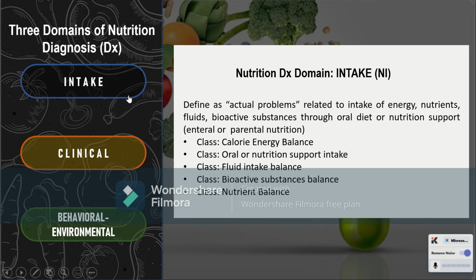Usually, ang bioactive substances ay nakukuha natin sa gulay or prutas na kinakain natin. And yung excessive alcohol intake. So, according nga sa sinabi ni ma'am, dapat 10% lang yung alcohol intake sa isang araw. So, yung excessive alcohol intake is caused usually by alcohol addiction.